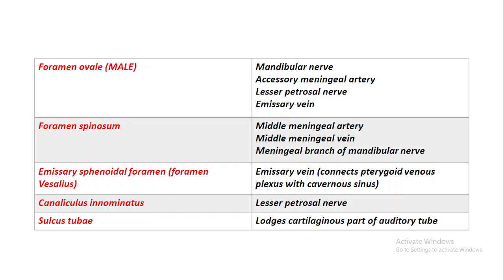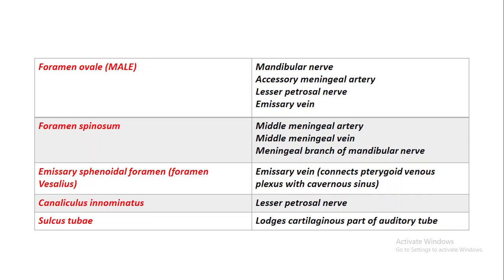Now the clinical significance: foramen ovale transmits mandibular nerve, accessory meningeal artery, lesser petrosal nerve and emissary vein. Foramen spinosum transmits middle meningeal artery, middle meningeal vein, and meningeal branch of mandibular nerve. Emissary sphenoidal foramen or foramen basalis transmits emissary vein which connects the pterygoid venous plexus to the cavernous sinus.